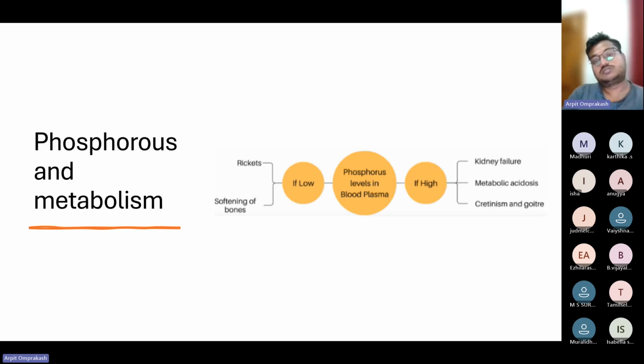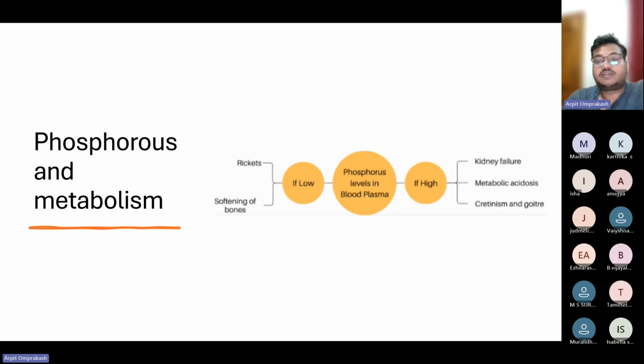Right. So why is this important? It's because if we are able to quantify the amount of phosphorus present in blood plasma and see if it is high or low, we are able to detect if there are some metabolic diseases or if there is a chance of other diseases happening.